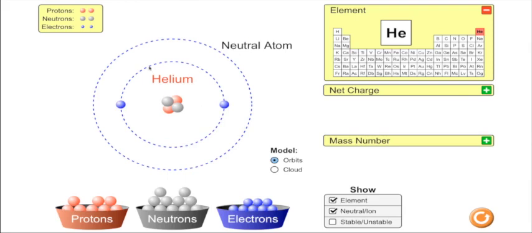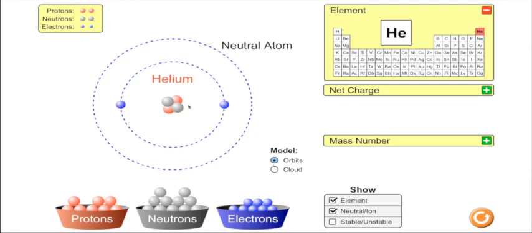Now an atom can have multiple shells, and in the way electrons are arranged in a shell, we have a maximum of 2 electrons in the first inner shell, and then a maximum of 8 electrons in the outer shells.